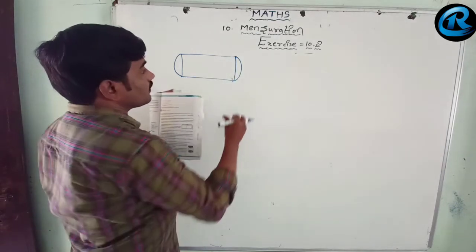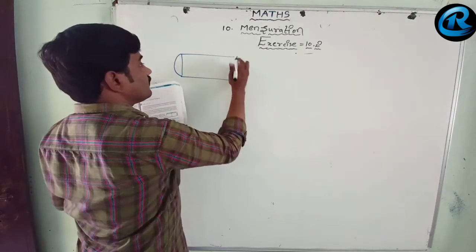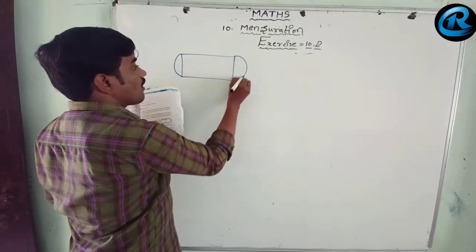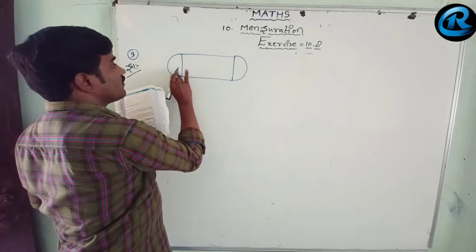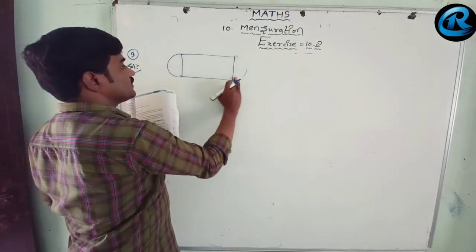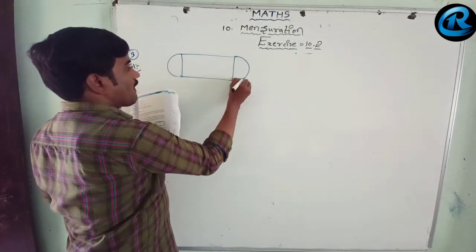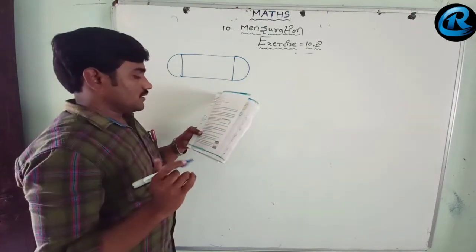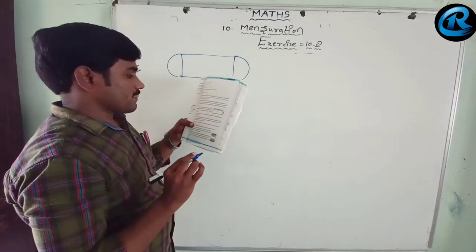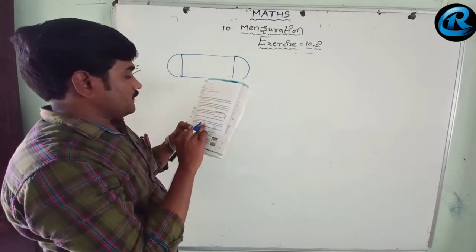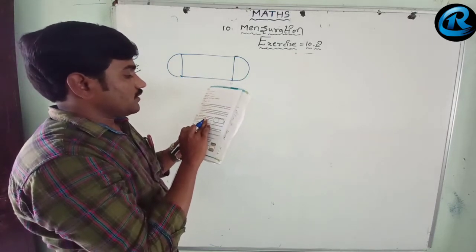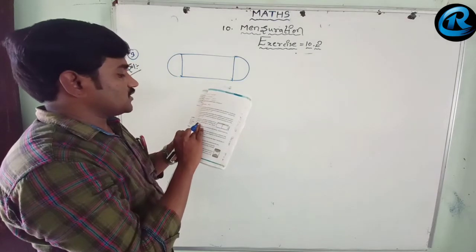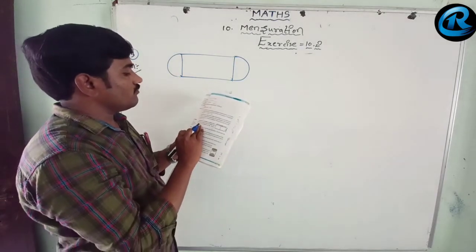Then here, we have to find out what we need to find. Let us see. Yes, the length of the capsule is 14 millimeter.